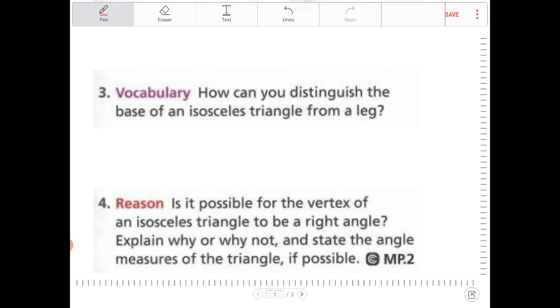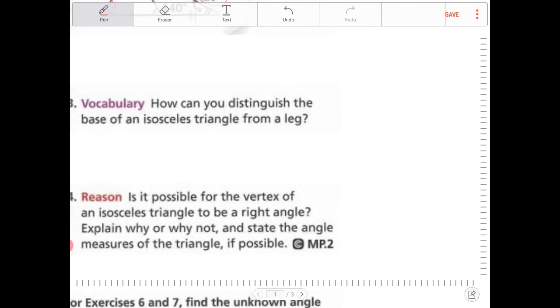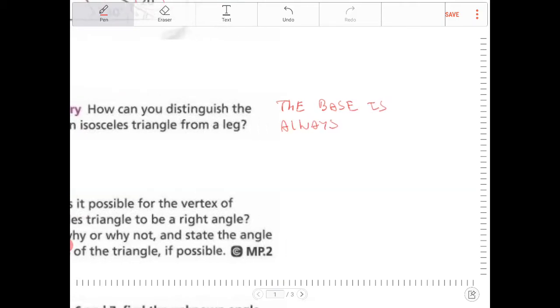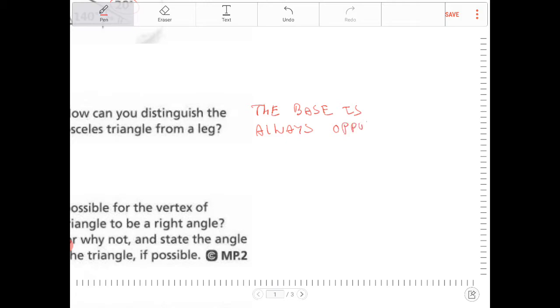How can you distinguish the base of an isosceles triangle from a leg? Well, the base is always opposite of the vertex. So which one is the vertex?